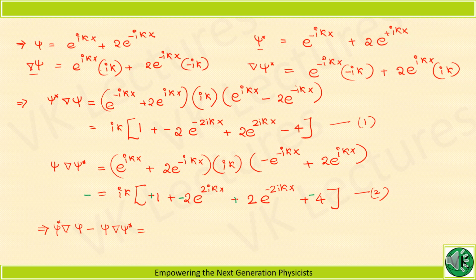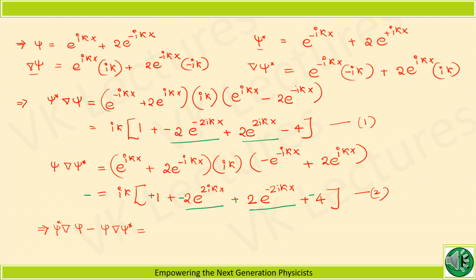So 1 minus 1, and minus 2 e to the power minus 2ikx cancels with its counterpart. Similarly 2 e to the power 2ikx and minus 2 e to the power 2ikx cancel. Here you have 1 minus 4, which is minus 3, and here again 1 minus 4, minus 3.